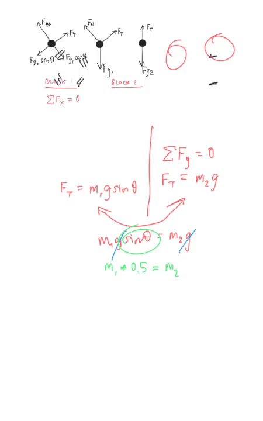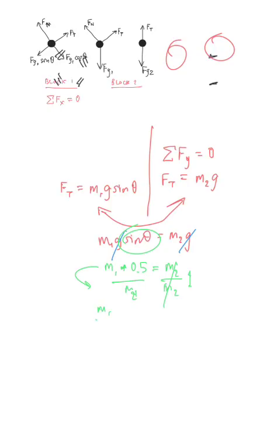We've already done most of the work now, because if we just take this equation and rearrange it to get m1 over m2, so divide both sides of the equation by m2, so we have m1 over m2 times 0.5 equals, and this side would just become 1. Then just divide both sides by 0.5.